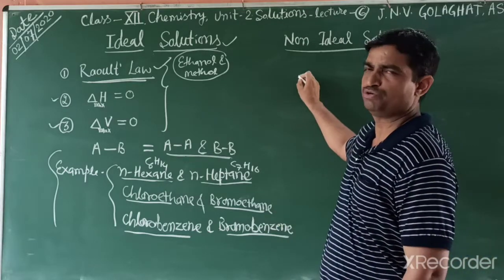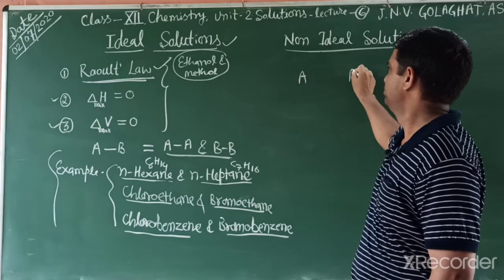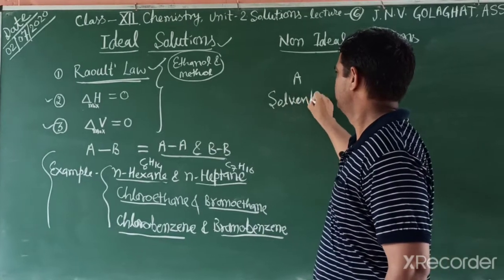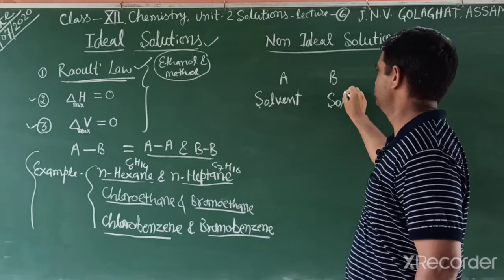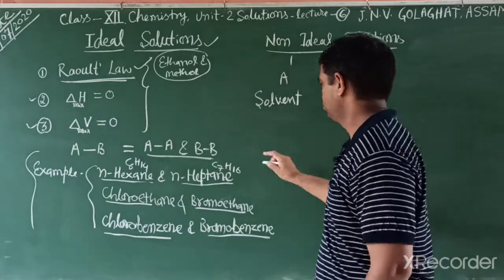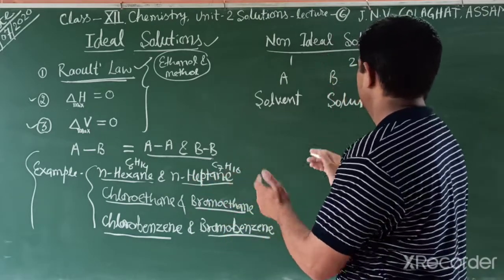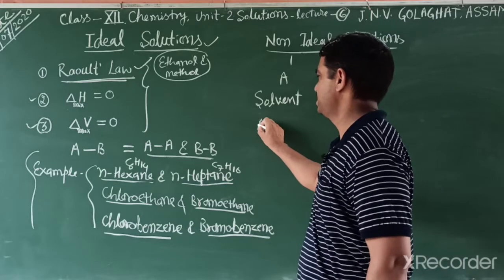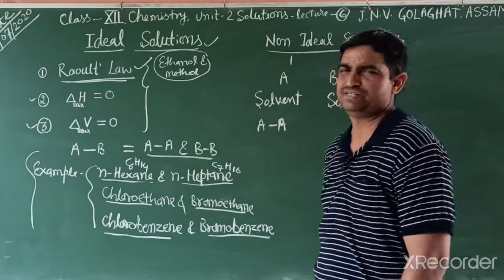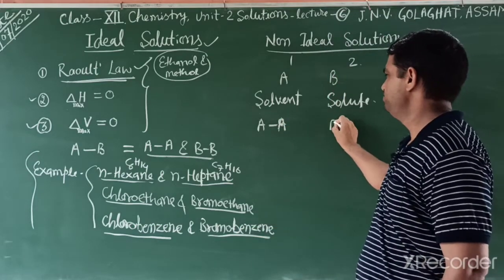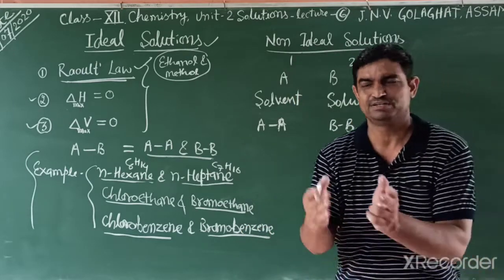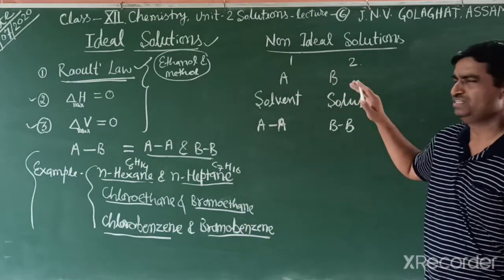The reason is this: we have two components, A and B. A is the solvent and B is the solute. Generally the solvent is represented by 1 and the solute by 2. When we mix solvent and solute, the solvent has AA type force between its molecules, and the solute has BB type force between its molecules. Like in chlorobenzene, A type force, and benzene, B type force.